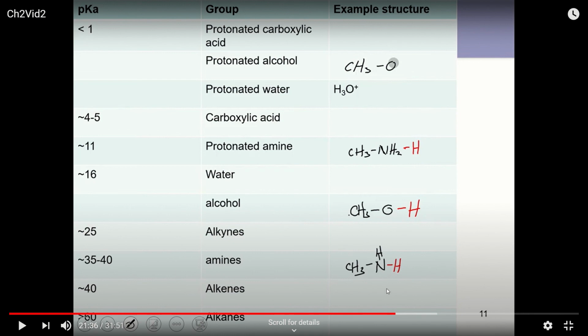And so I recommend that you simply fill in the chart, giving the basic structure and drawing which hydrogen is being discussed as the acidic proton in red.